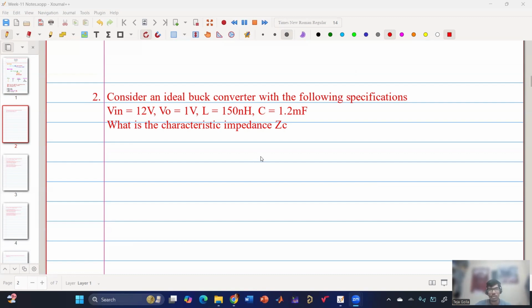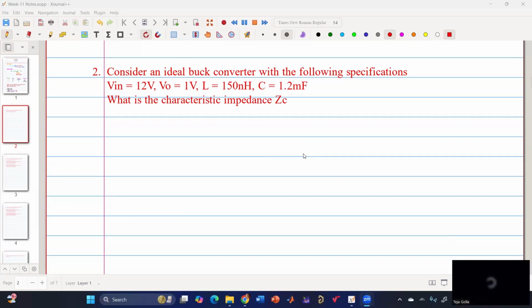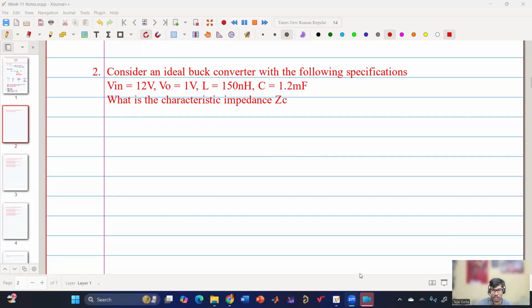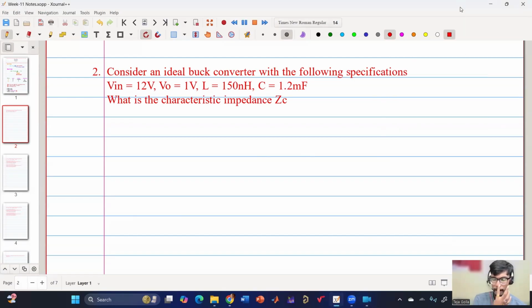Point 011. Okay. Others also please give it a try. Then we can cross check our answers. So I have given a buck converter and I am asking what is the characteristic impedance.